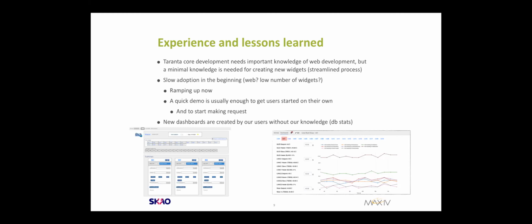And also in the beginning, we had a lower number of widgets. But thanks to the early adopters and their feedback and their requests, the number of widgets, the stability, etc., was improved slowly. And today we have a pretty stable and big user community.